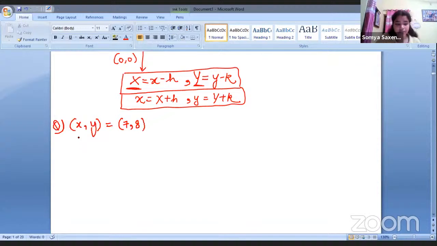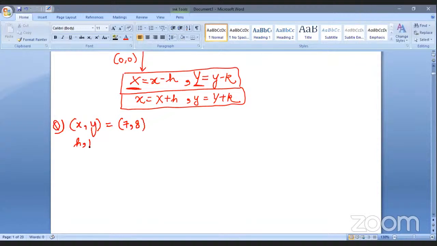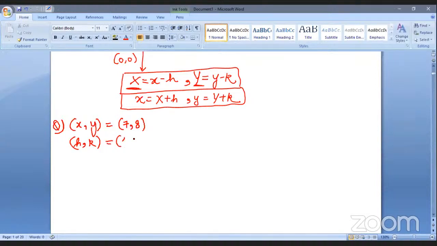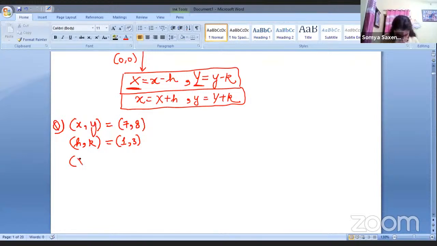And the new origin. The new coordinates are being asked.